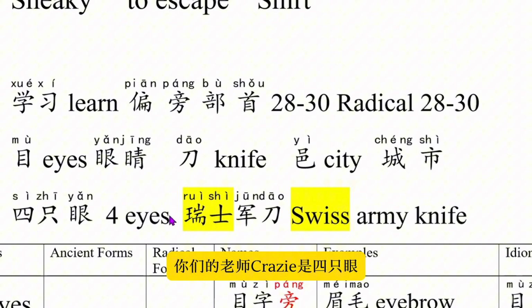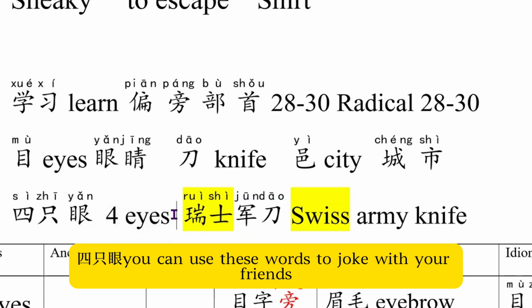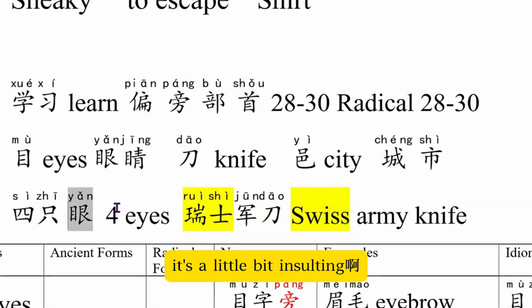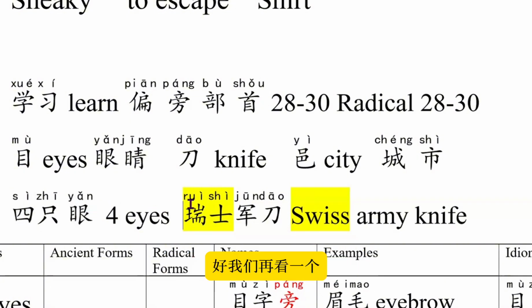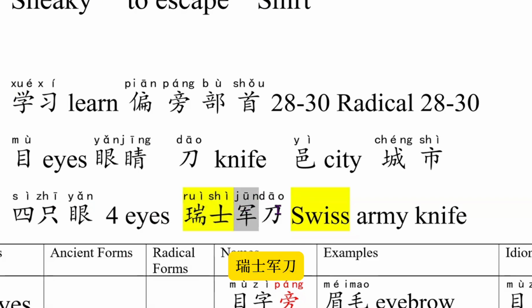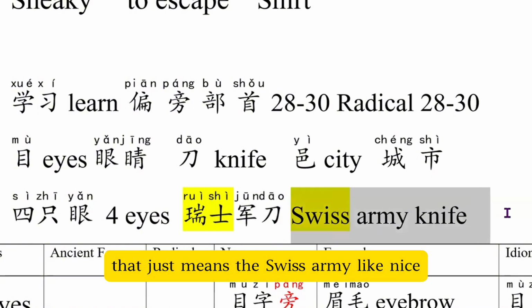So 你们的老师 crazy 是四只眼, 四只眼. You can use these words to joke with your friends, but don't use this with strangers because usually it's a little bit insulting. Means 他是四只眼. 好，我们再看一个 related to the radicals is 瑞士军刀, 瑞士军刀. That just means the Swiss Army knife.